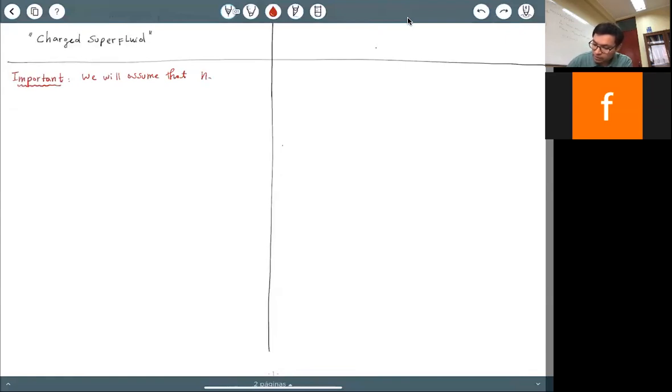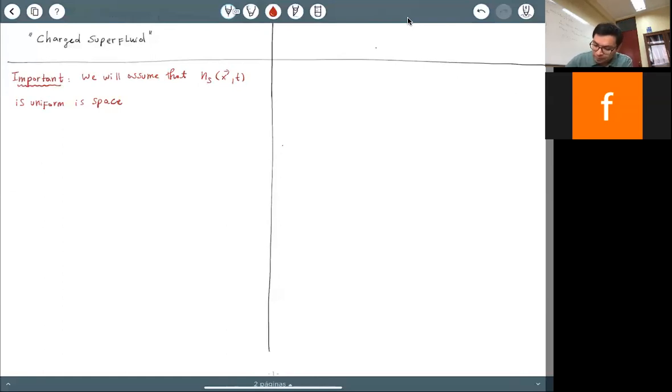That n_s(x,t), in principle, is uniform throughout most of the material.